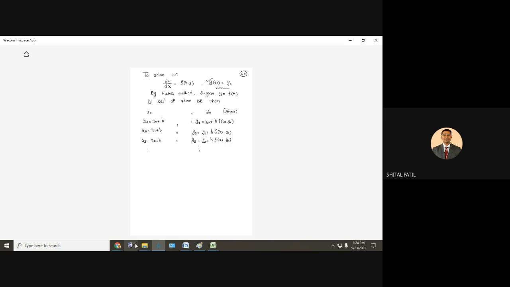And see, at any moment, say we want to find x3 and y3. They depend upon x2 and y2 only. So at a particular step, the values of x and y depend only on the previous single step, so these are known as single step methods.